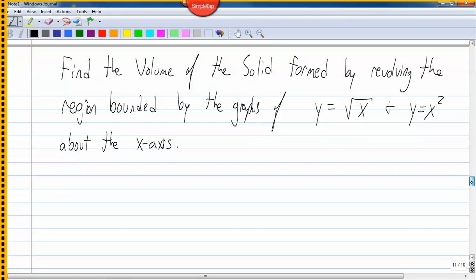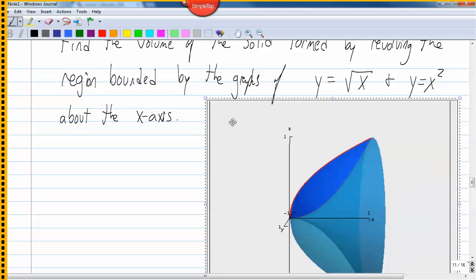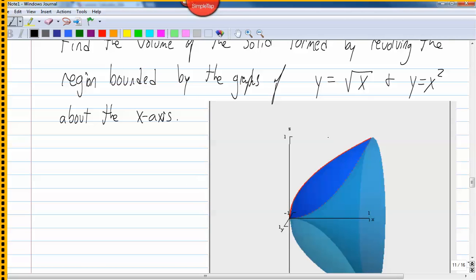So the first thing I want you to do is sketch those two graphs. Just give me a rough sketch of them. All right. So this top curve here is y equals the square root of x.